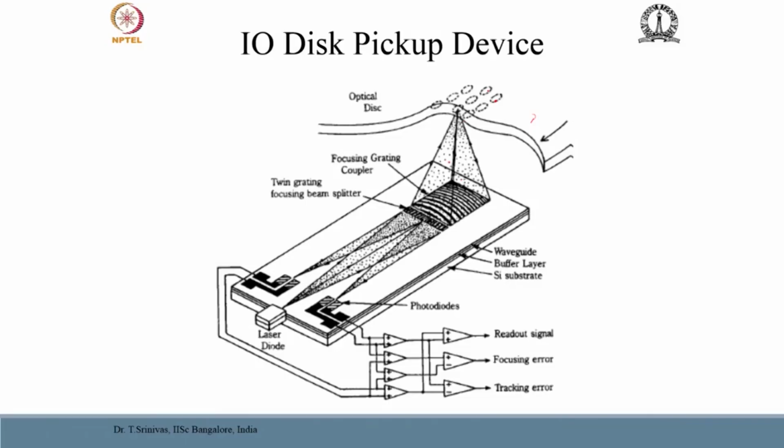So, a focusing grating lens is used here to read and write the signal. Such devices could also be fabricated on a small chip, and the entire system could be very compact by the use of integrated optical devices. Of course, a lot of electronics is needed for processing these signals.